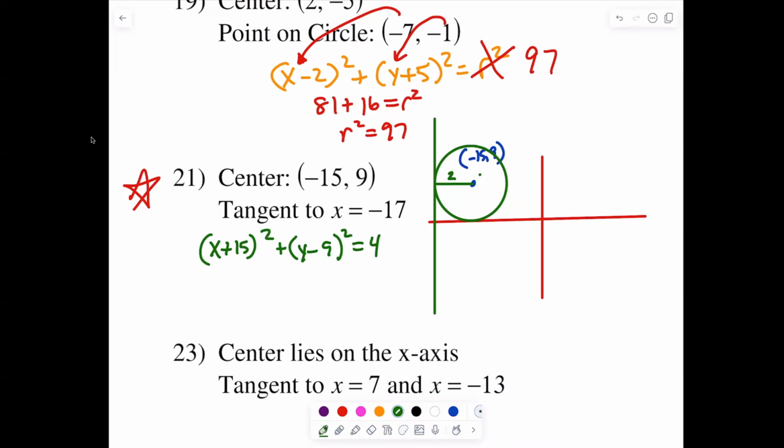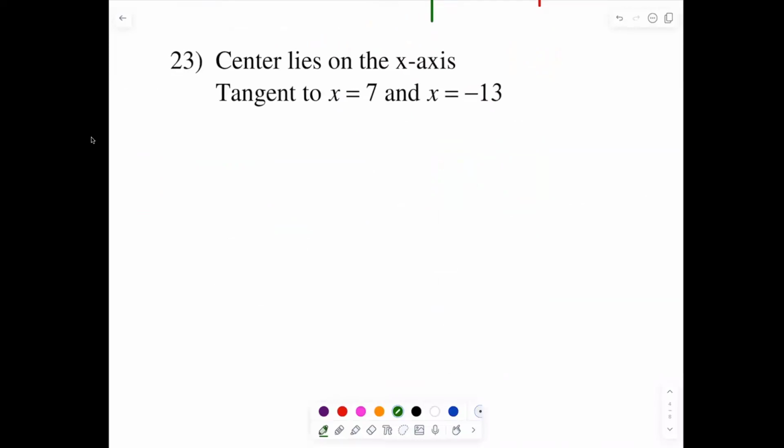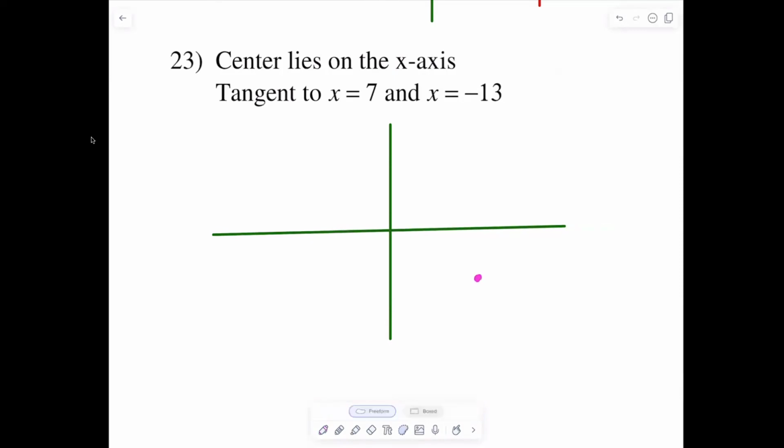Anybody? All right, here we go. So 23 is nice. The center lies on the x-axis. I don't know what that means, but I'm going to make this, just for a visual. And then here's my center. Somewhere on the x-axis. I have no idea where, but I know it's tangent to x equals 7.